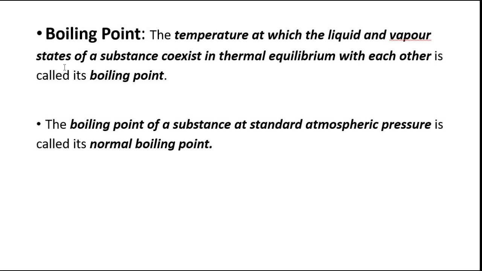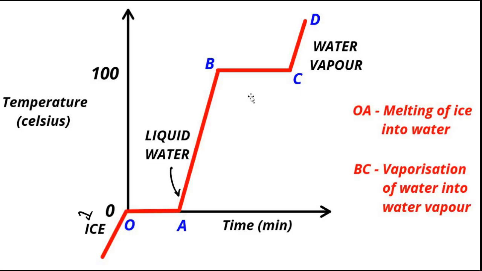Then boiling point. This is the temperature at which the liquid and vapor state of a substance can simultaneously coexist in thermal equilibrium with each other. In this case, it is 100 degrees Celsius at this point.